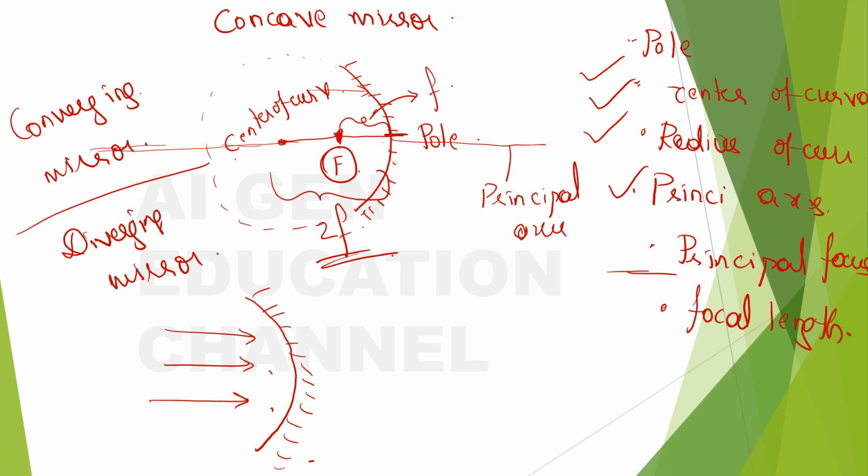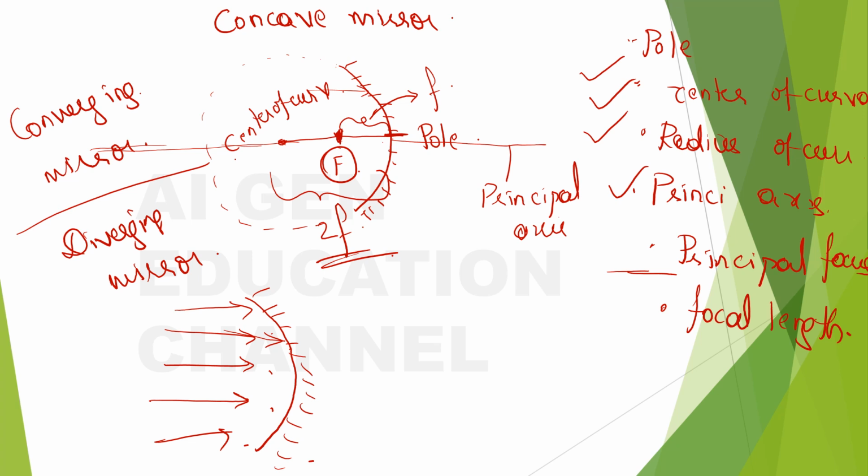So how will they get reflected? Once they are incident upon the mirror, they reflect back and converge at a point. So all the reflected rays will converge at a point. This image that I am talking about, you have already seen while I explained the real image and the virtual image.